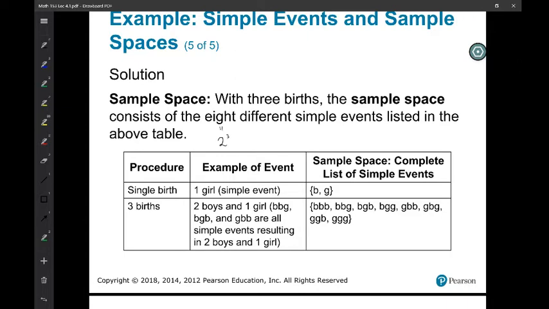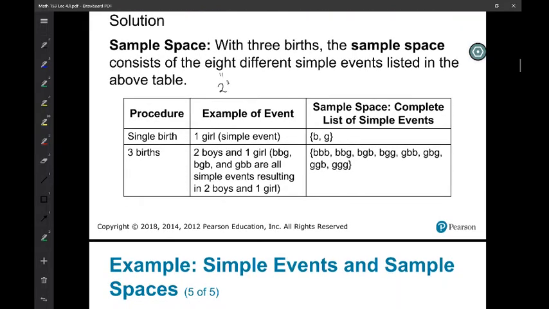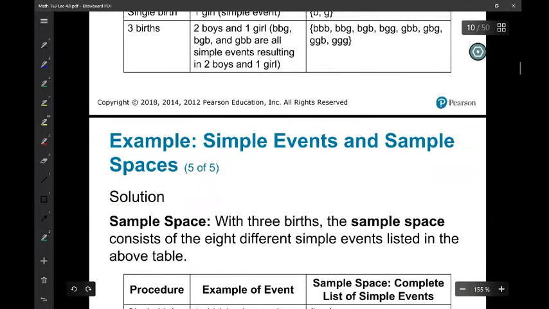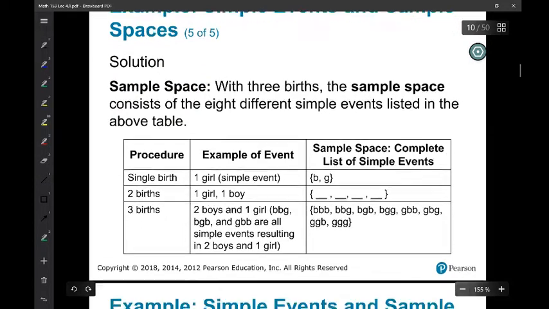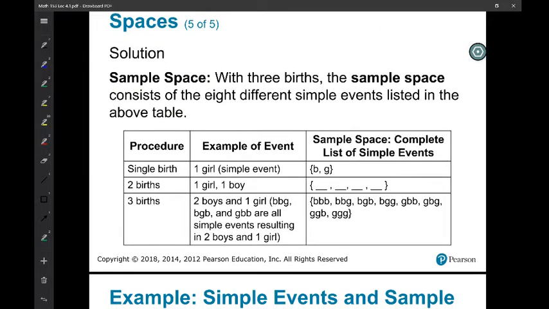Well, let's consider this example. With 2 births, an example of such an event would be 1 girl and then 1 boy. So list out the simple events that comprise the sample space for such a procedure. Go ahead and pause the video and give it a try.